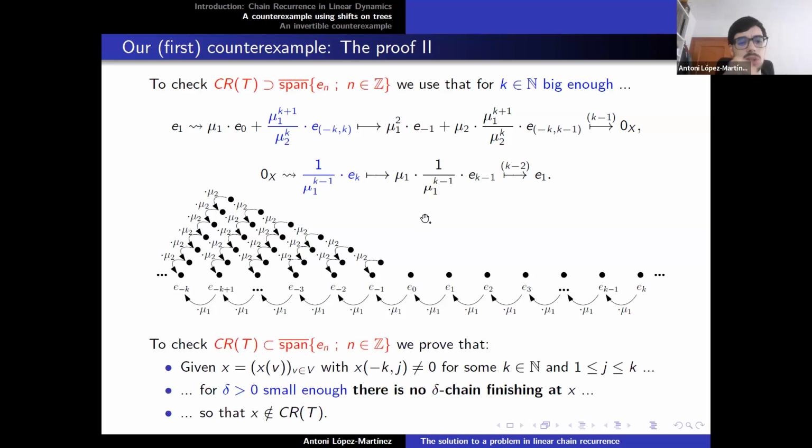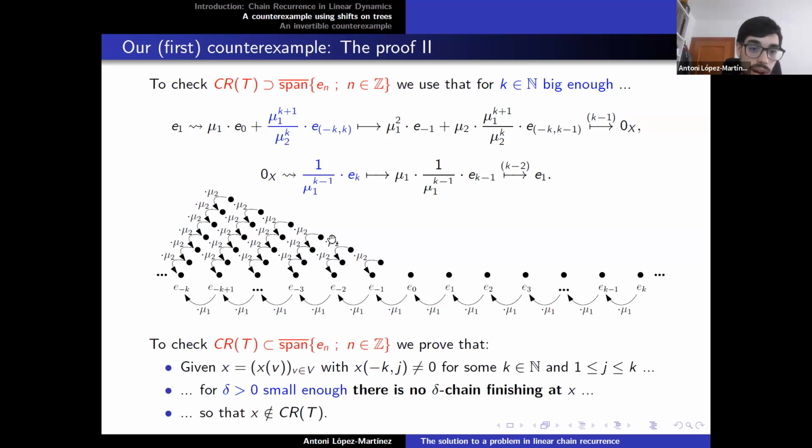The other inclusion is a bit more technical, and I'm just going to explain it with simple words. In fact, the idea is that if you have any vector that is not included in this linear span, then you have some coordinate outside of the Z level, so in some of these branches, that is non-zero. And the thing is that if you take a delta small enough, then you cannot find a delta chain finishing in this vector.